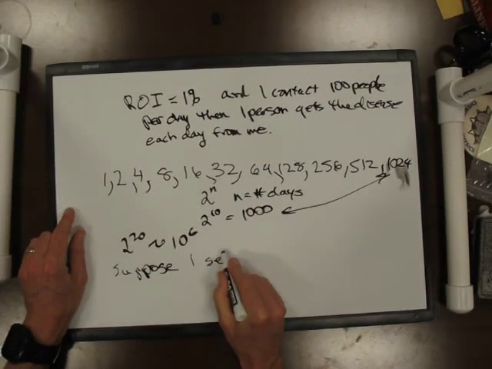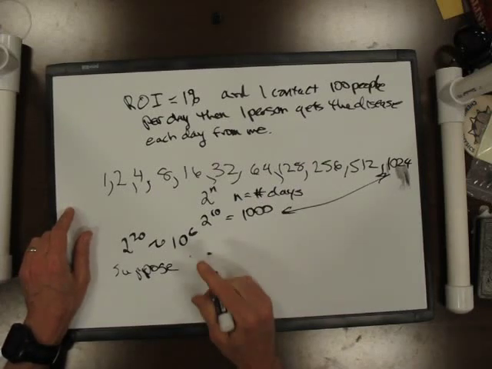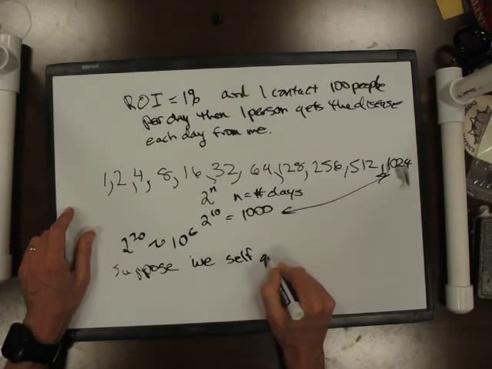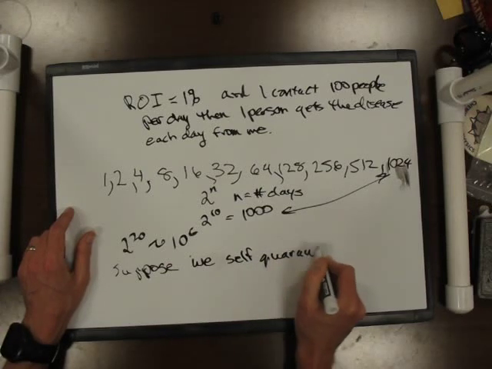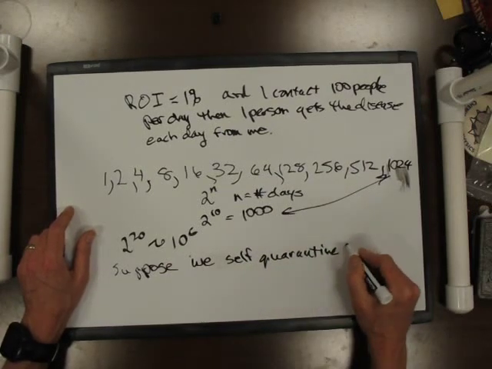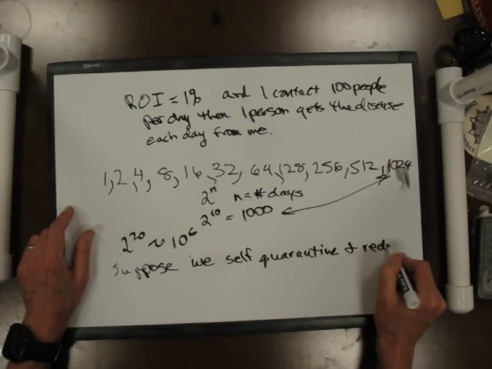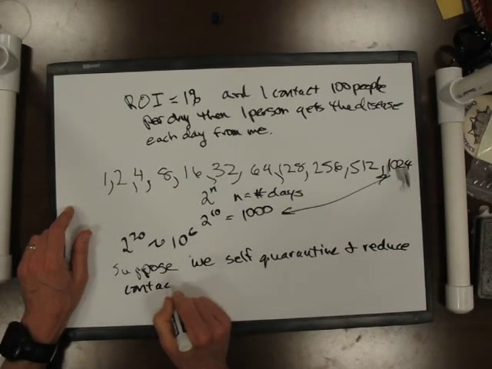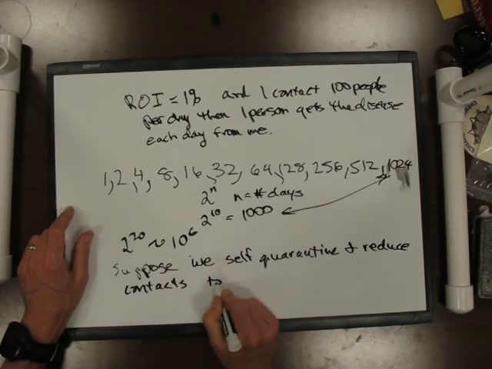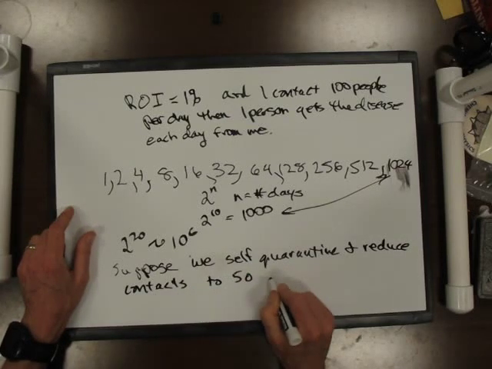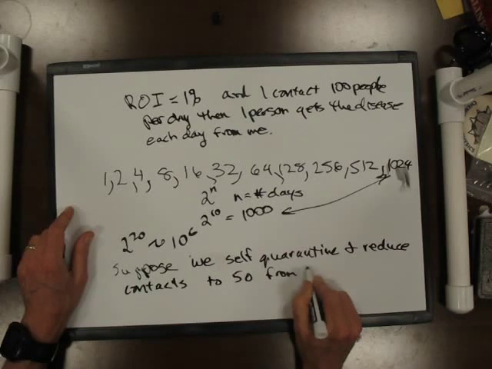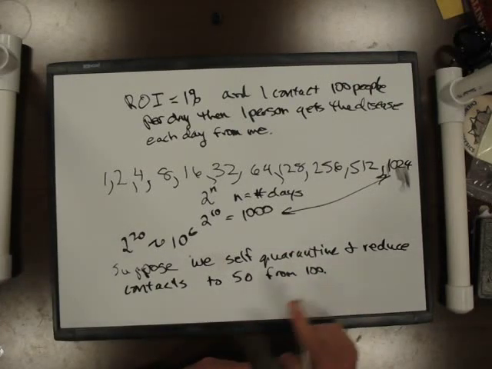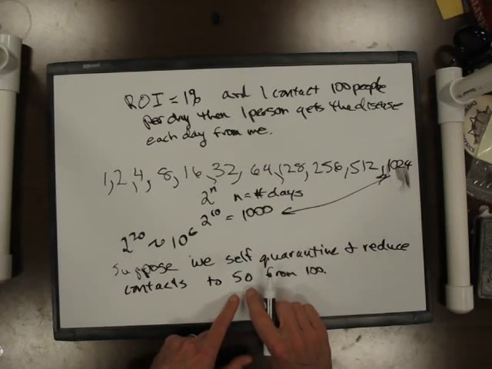So suppose we self-quarantine and reduce the number of contacts to 50 from 100.